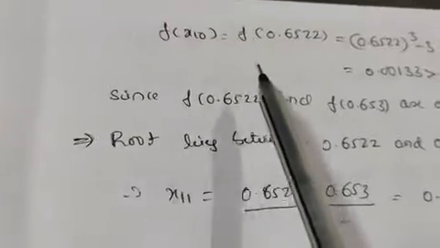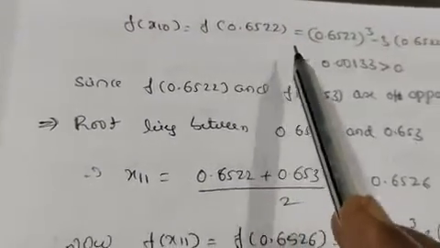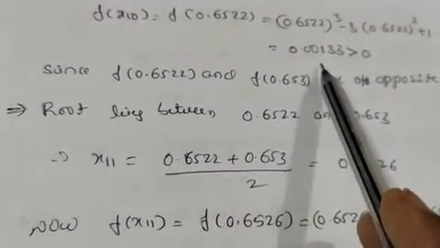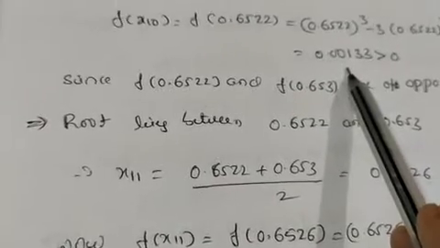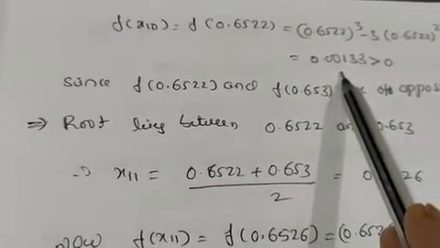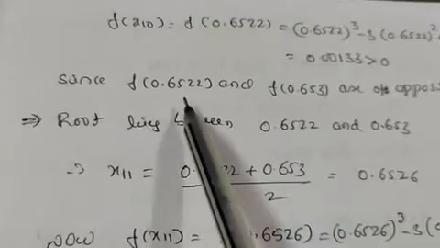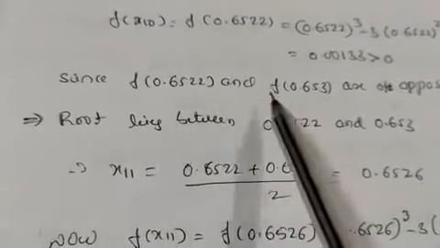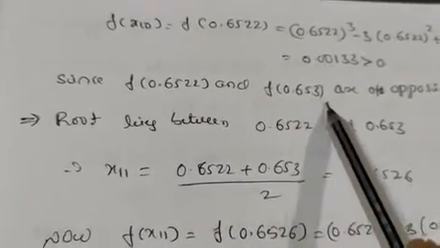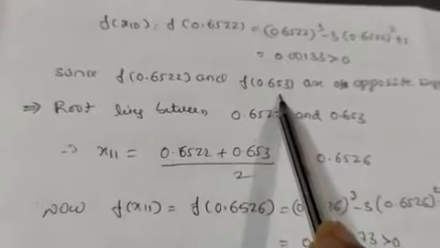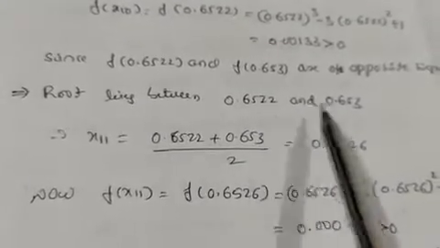Now f of x10 is f of 0.6522, and after simplification you get a positive value. Since f of x10 is positive, and f of 0.653 is negative, these two values are of opposite sign. Therefore the root lies between these two values.